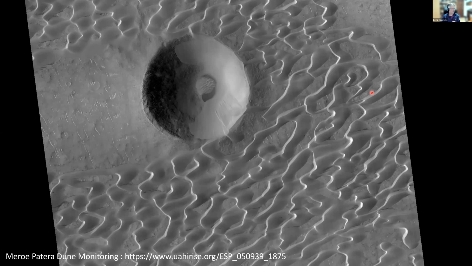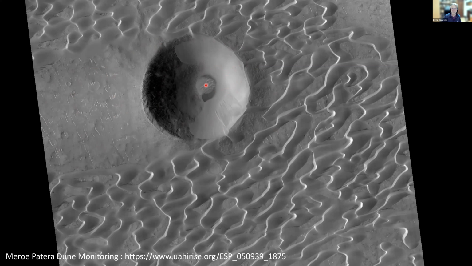But here's a Moreux Patera dune monitoring project that was done looking at this crater here, and we've got this absolutely fantastic dune system that's migrating in this direction. And I think this is just great, where you've got the dunes falling into the crater, filling it up. So the crater is acting as a sink for these sediments. And then on the lee side of the crater, we've got no dunes at all.